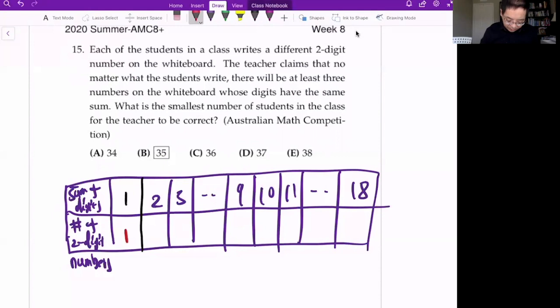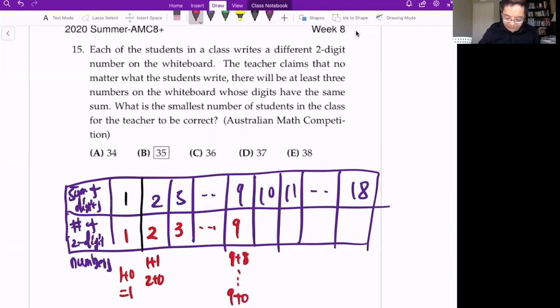If it's 2, we have 2 possible two-digit numbers: 20, 2 plus 0, or 11, 1 plus 1. Similarly, we have 3. For 9, we have 9, because we can start from 1 plus 8, and then all the way to 9 plus 0.